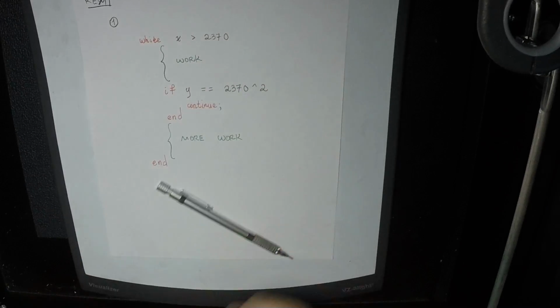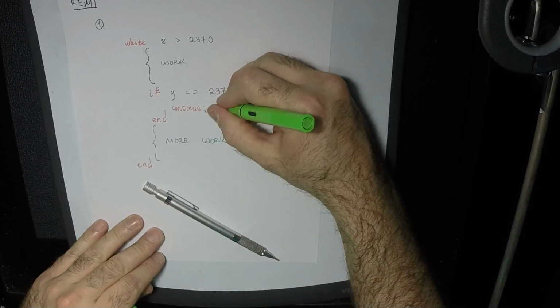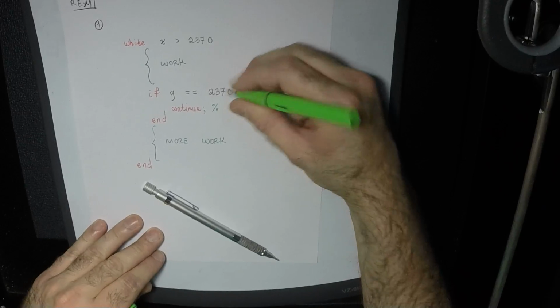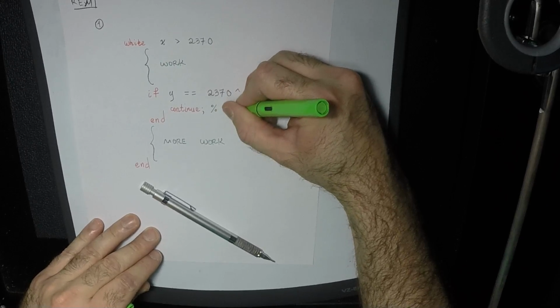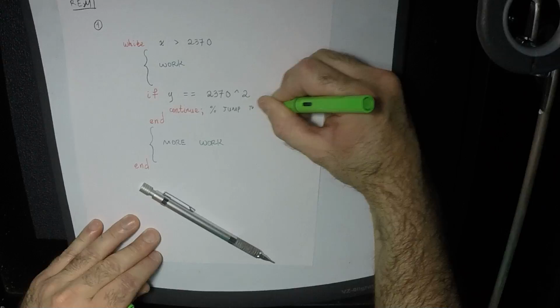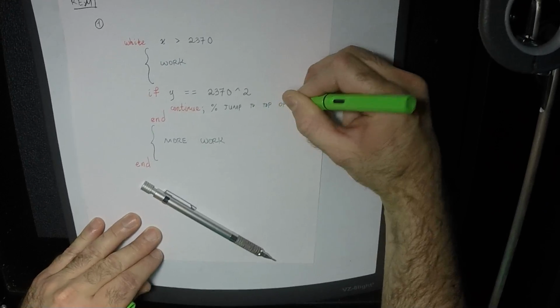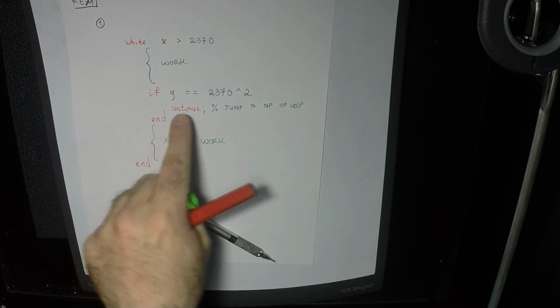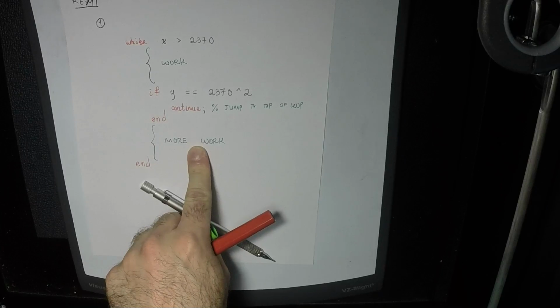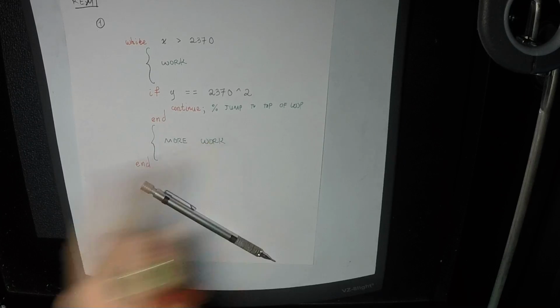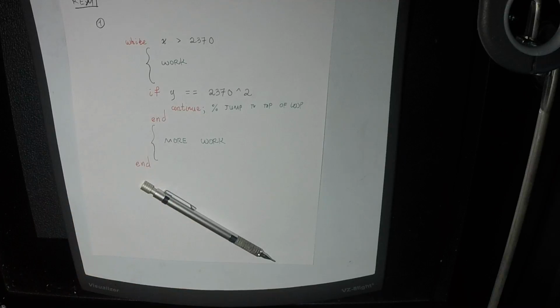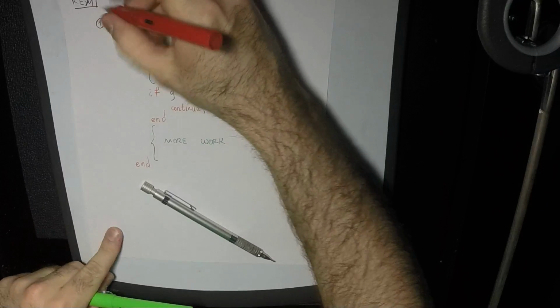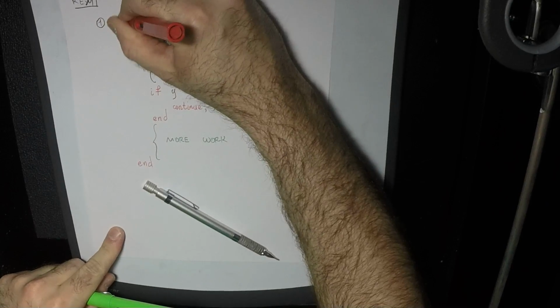That means jump back to the top. So this test might be something like, if y is even, then I'm going to do that stuff. But if y is not even, I'm not going to do that stuff. That was a remark about the continue keyword.